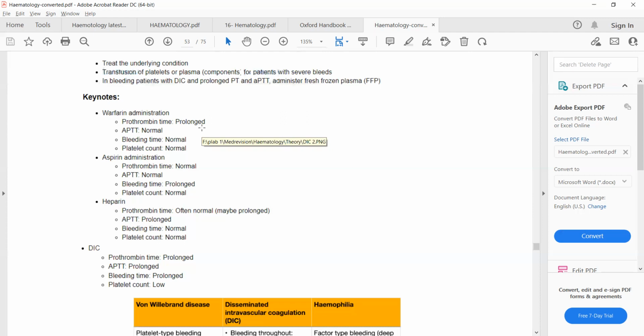All others, APTT, bleeding time, platelet count, will be normal because there is no problem with all these other things. Only vitamin K dependent clotting factors will be inhibited. Aspirin administration interferes with the platelet plug formation, so bleeding time will be prolonged. All other things will be normal.